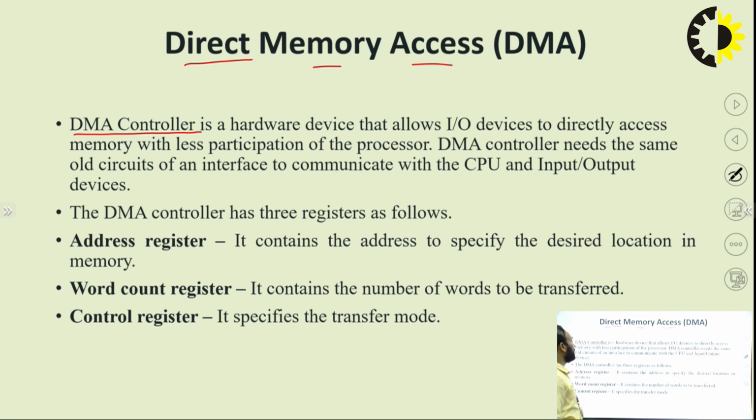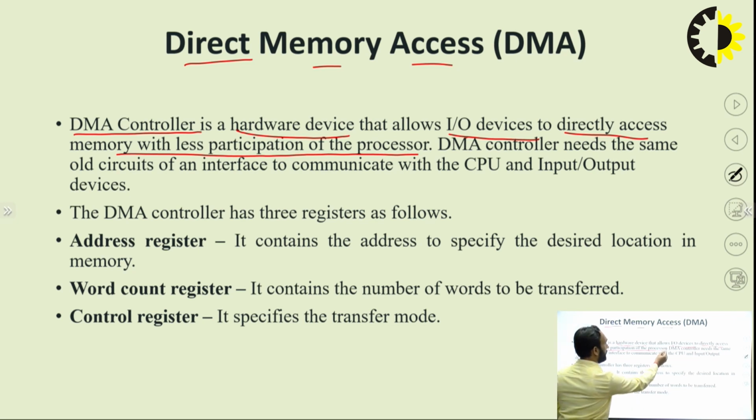So what is a DMA controller? A DMA controller is a hardware device that allows IO devices to directly access memory with less participation of the processor. As the name defines, there is no processor involvement, but actually no operation within a machine is executed without the involvement of the processor.